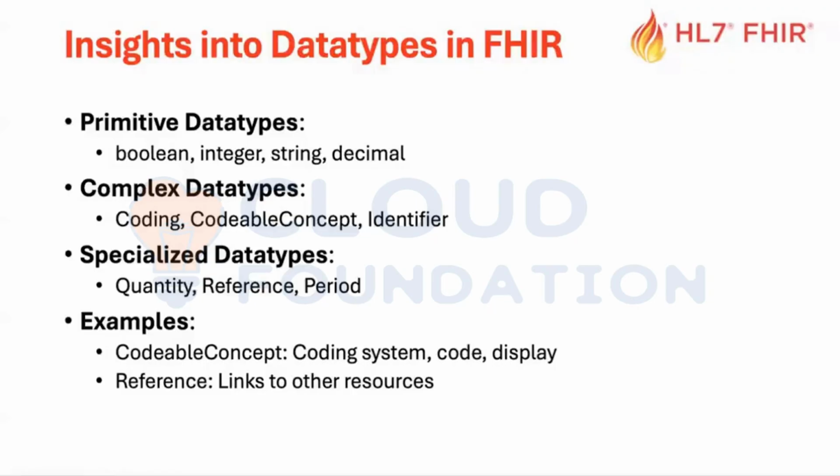These are some of the complex data types in FHIR. There are also some specialized data types, that is quantity, reference, period, etc. We saw how we store the primitive data types. We saw how we store the complex data types. And the specialized data types are not used much. They are only used when the resource requires a specialized data type.